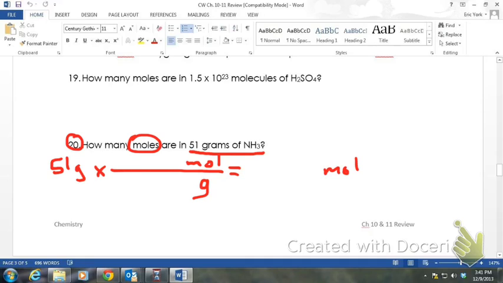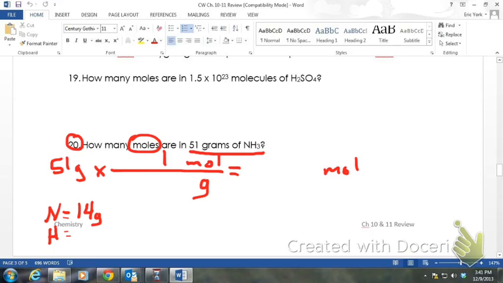Okay, and remember, the reason why we do this is we want grams to cancel off, so we're left with moles on both sides. Now, to figure out how many grams are in 1 mole, we have to use the periodic table. So if you use the periodic table, we get that nitrogen is equal to 14 grams.